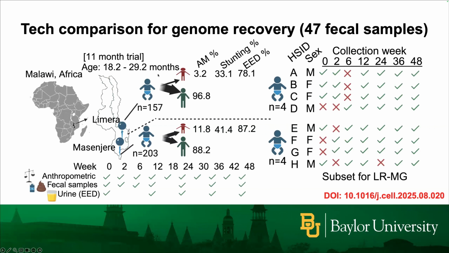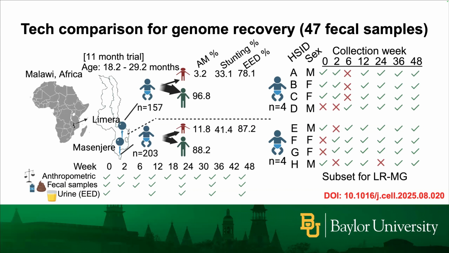Specifically, we looked at a cohort from Malawi, so sub-Saharan Africa over here. This was from an interventional clinical trial that occurred back in 2015. There were 2 villages in Malawi where participants were enrolled, and they, generally speaking, were about 1.5 years of age when they started. And then they were tracked for 11 months.